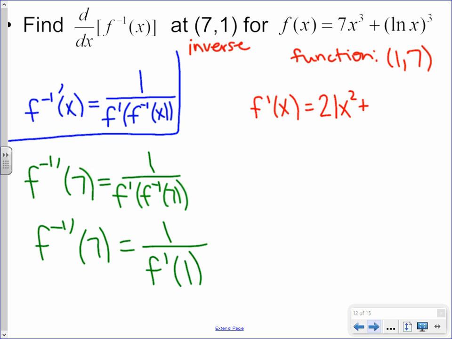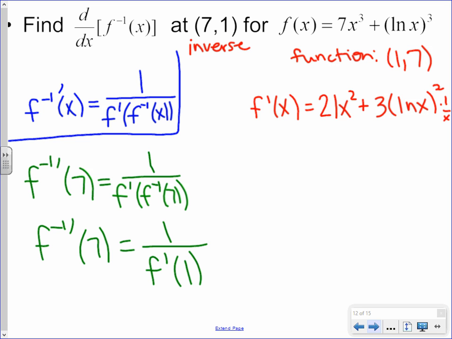Plus, what are we going to have to do for the second part? Chain rule. So first we have 3 natural log of x squared times 1 over x. Sorry, I had to write it kind of small.